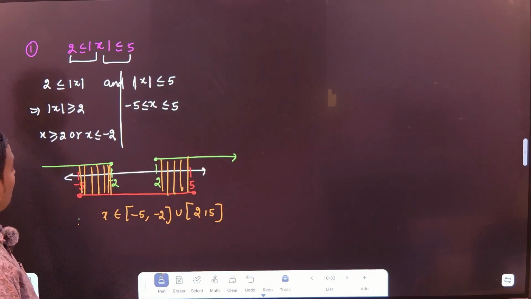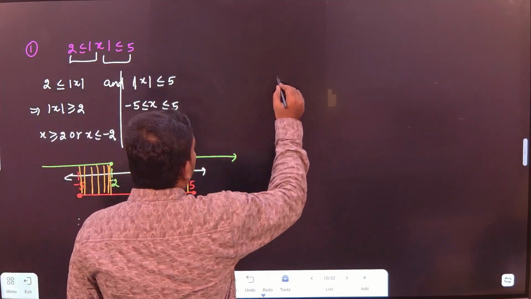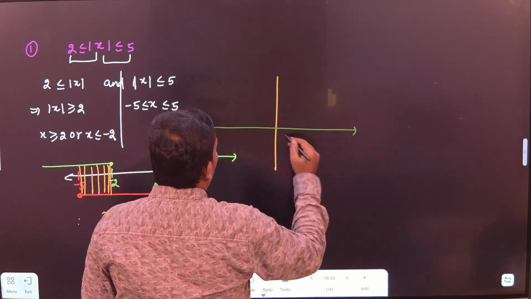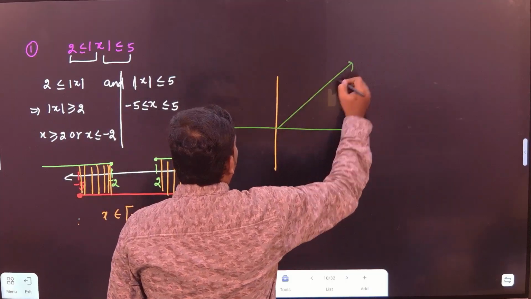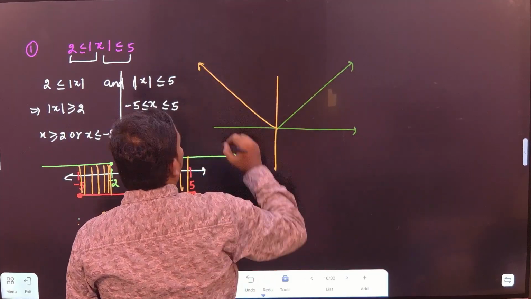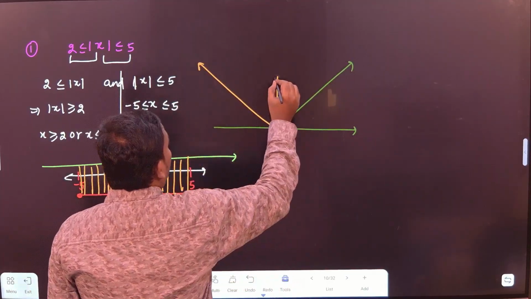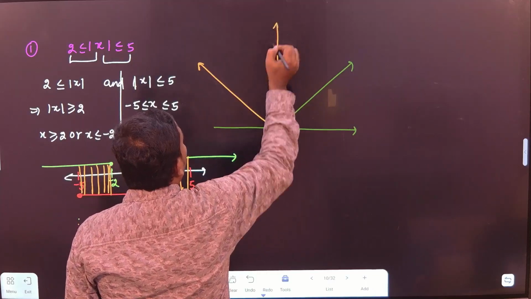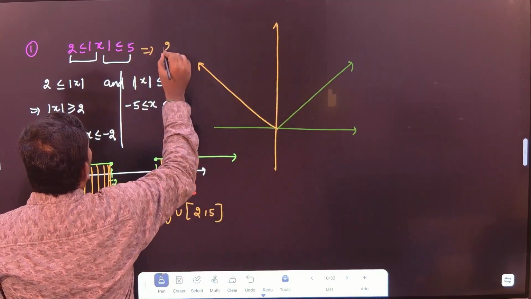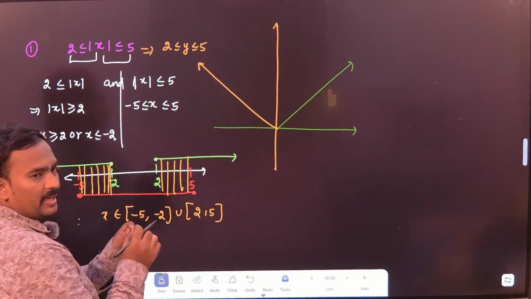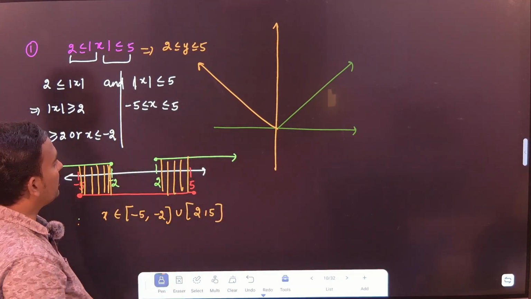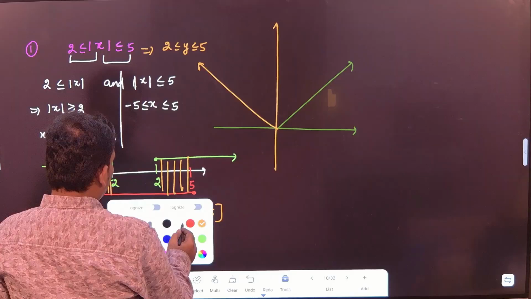Okay, how to draw the graph of this? You can see the mod x graph, you know, mod x. Here you can see the y value. What is the meaning actually? 2 is less than or equal to y is less than or equal to 5. That means y is 2 to 5, you have to cover it. Understand?